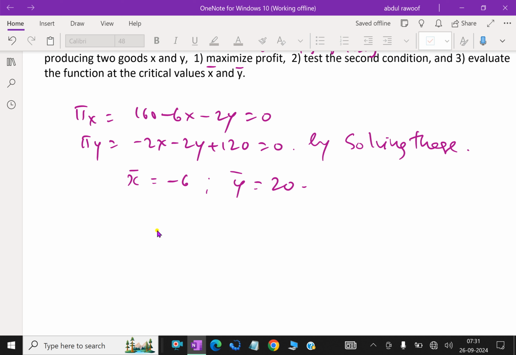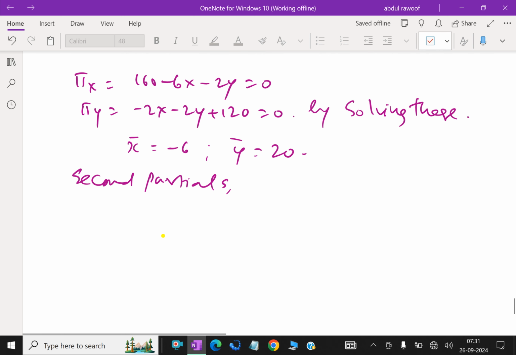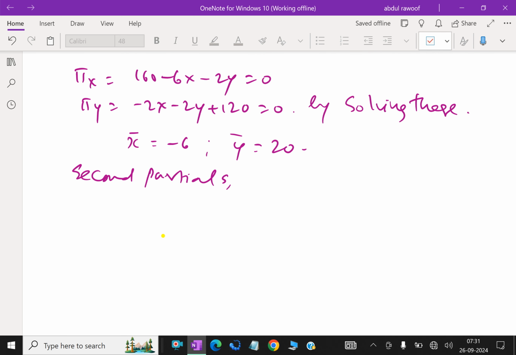Let us take the second partials. We have pi xx, the derivative of this function with respect to x, which is minus 6, because the y term does not come in.